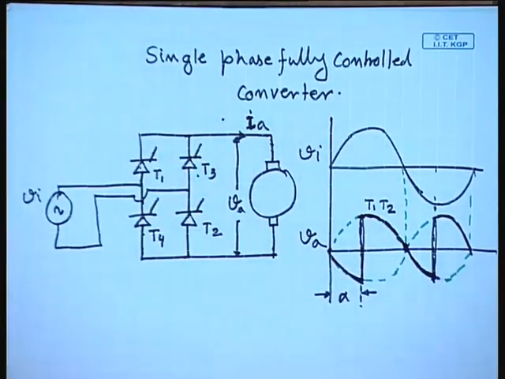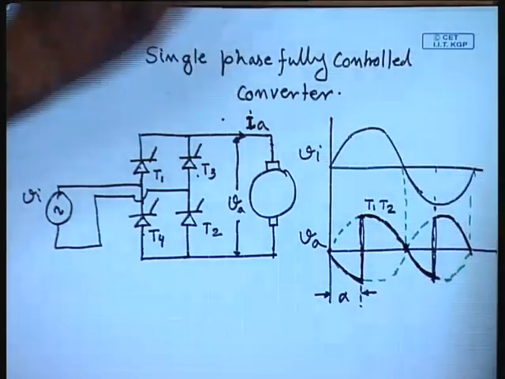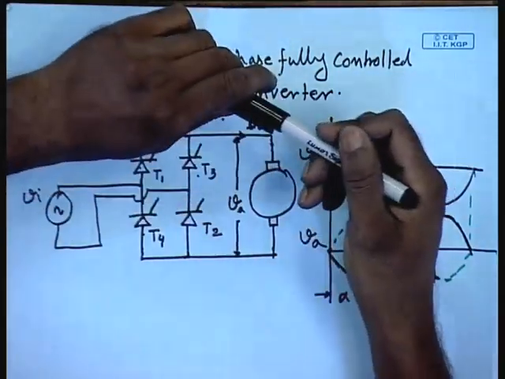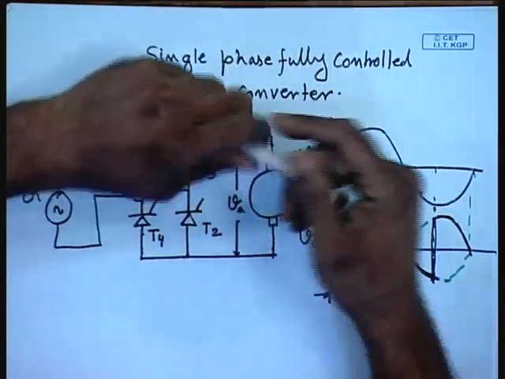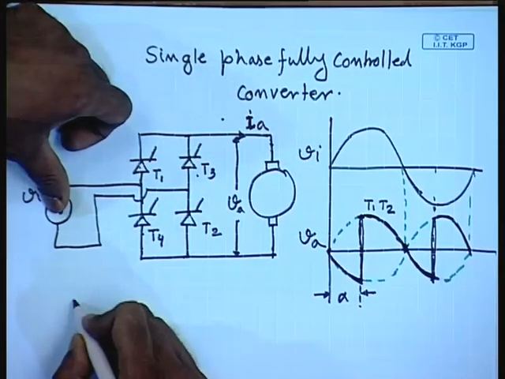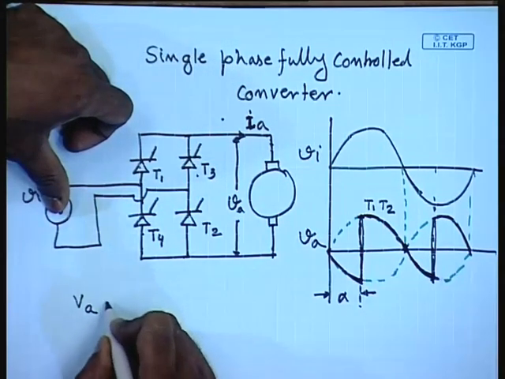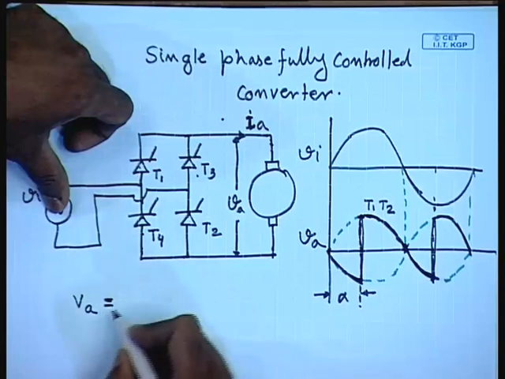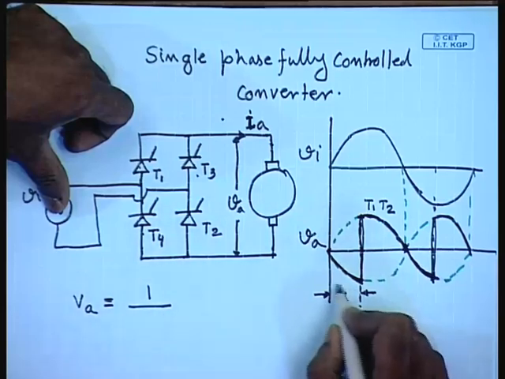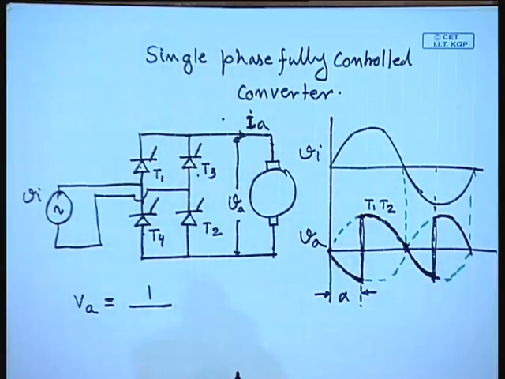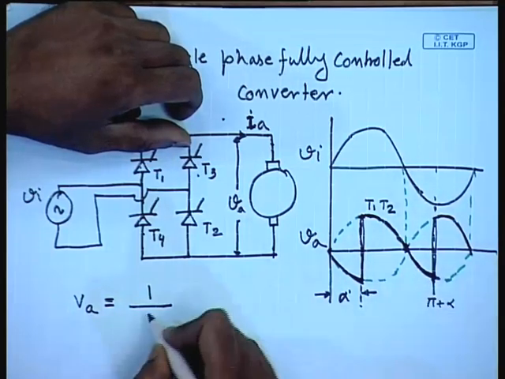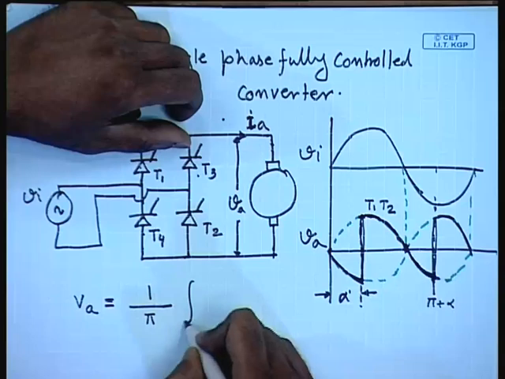As we have seen that the speed of the DC machine depends on the average armature voltage, it will be imperative to find out what is the average armature voltage here. VA equal to 1 by pi, since it is symmetric over one cycle, it will be sufficient to integrate over half cycle.